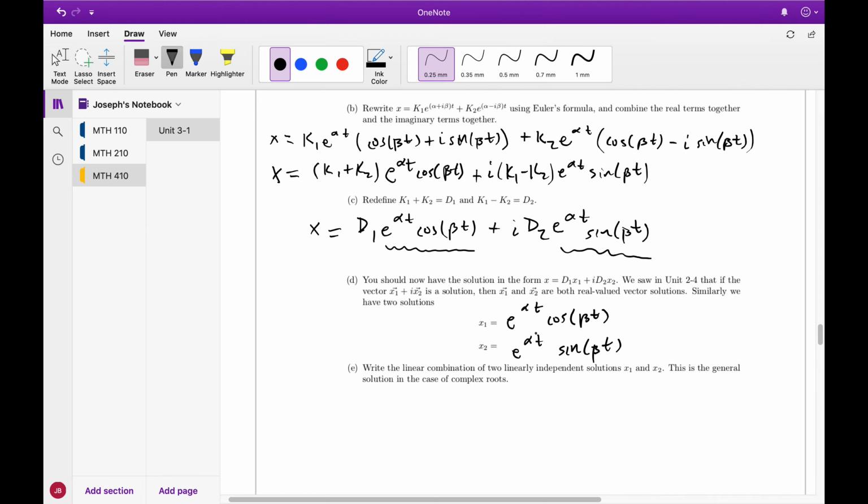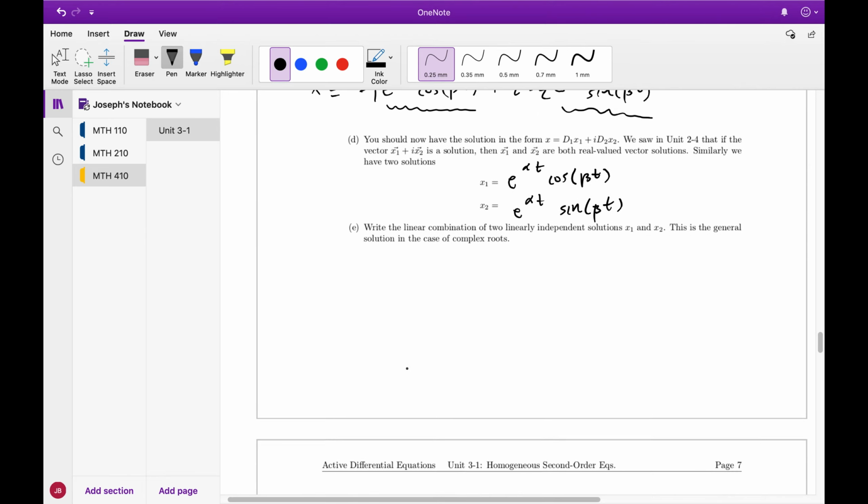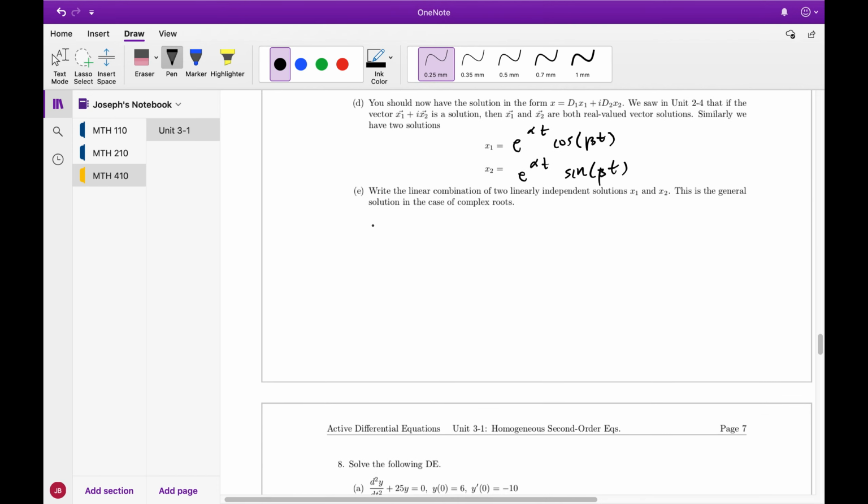And so we notice that i is now gone, and so if we want just the answer to a problem with complex roots alpha plus or minus i times beta, then it's just going to be x equals c1 e to the alpha t cos beta t plus c2 e to the alpha t sine beta t.